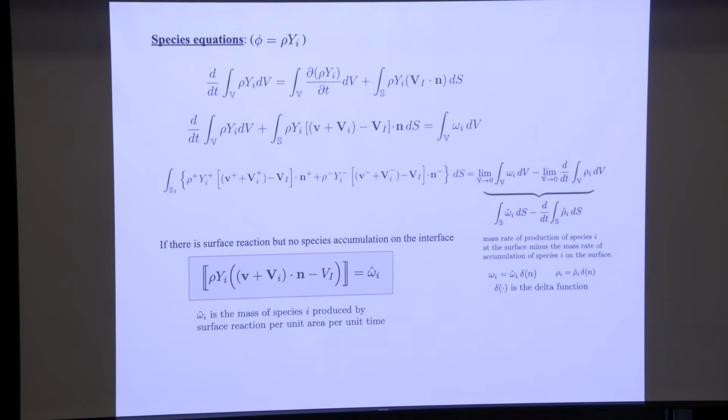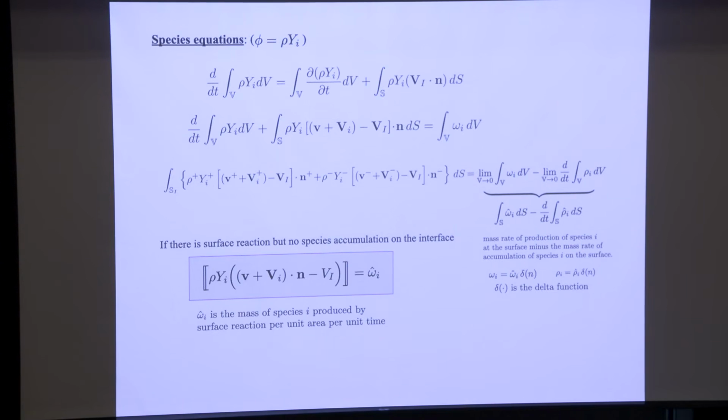That will be relevant, for example, if you want to determine the condition at the surface of a particle that is chemically active on the surface, okay? And then the conservation law will be given here, where this omega_i is the surface reaction rate.